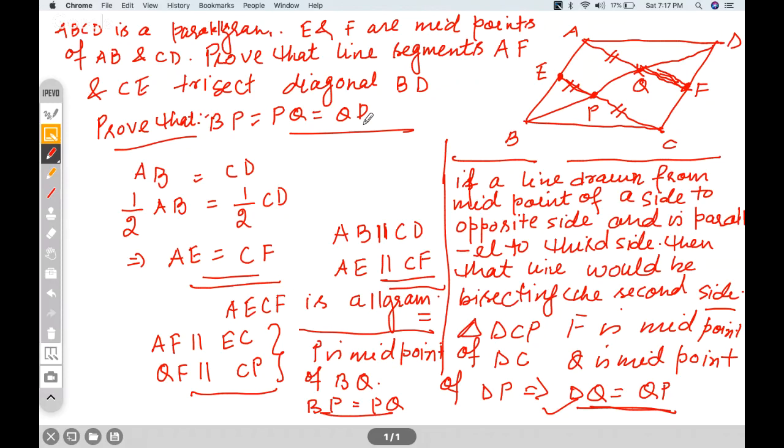Okay. So this is how we need to prove it. Let's solve. Okay, I'll give you 1 minute to copy it down.